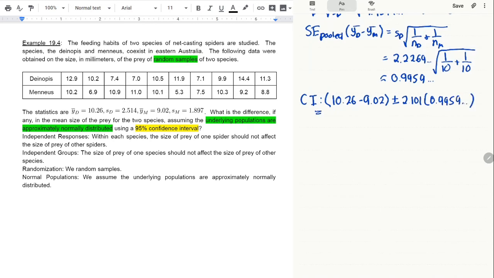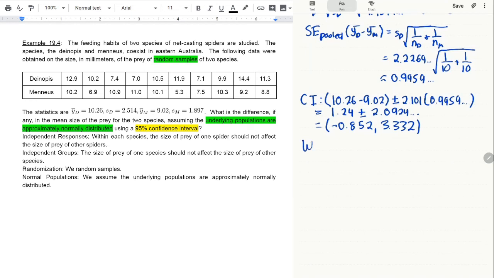And so we get 1.24 plus or minus a margin of error of 2.0924. And so our confidence interval is from negative 0.852 and positive 3.332.